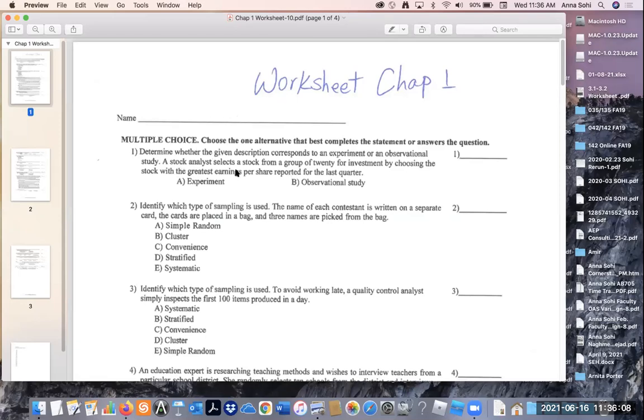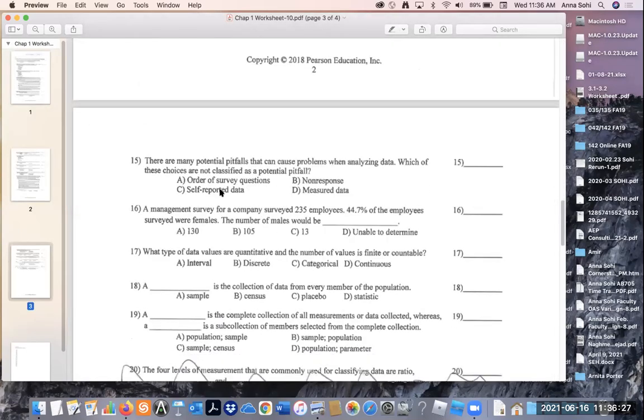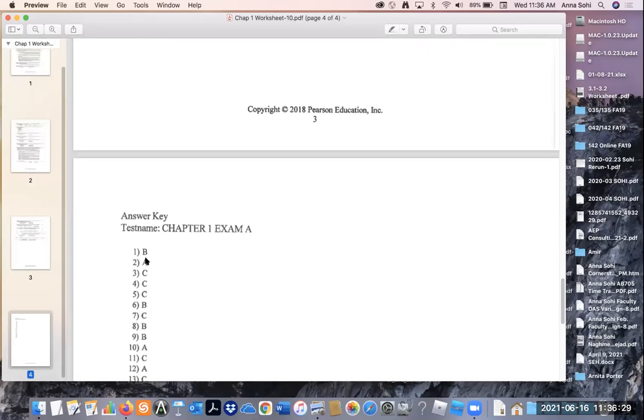Then you see, did they modify or did they observe? If it's observational, you say it's observational because they are not modifying or giving treatment. If it's an experiment, you say it's an experiment because they gave treatment. And then there are answers at the very end that you can compare your answers with.